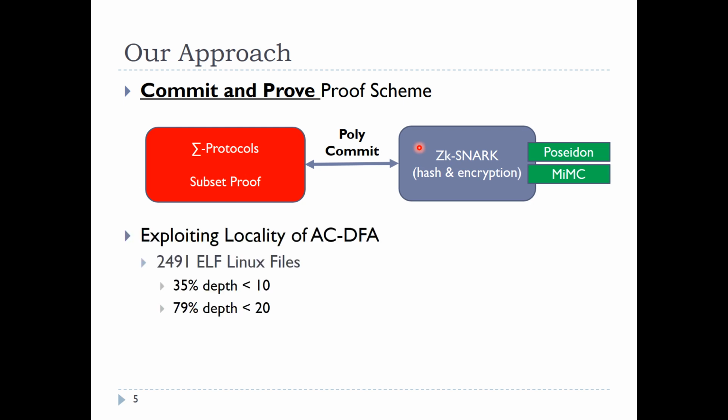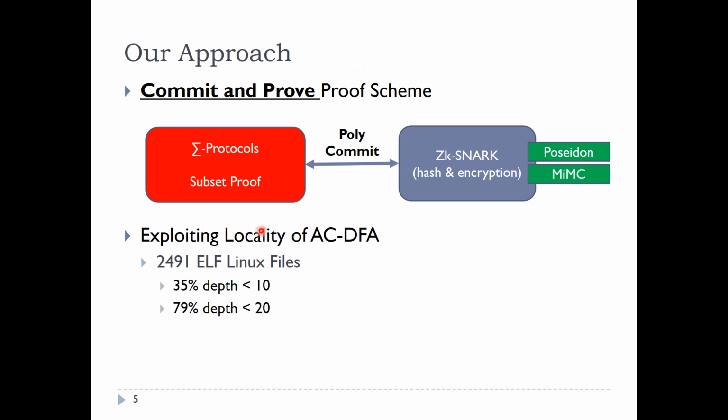Another observation we have is very interesting about the Aho-Corasick automaton. We notice that for the vast majority of all the executable files in the Linux system, if we study their execution runs, almost 80% of them never travel 20 transitions away from the initial state.